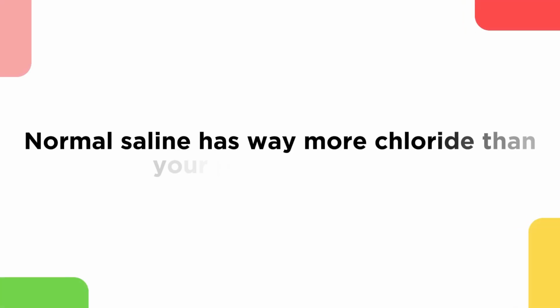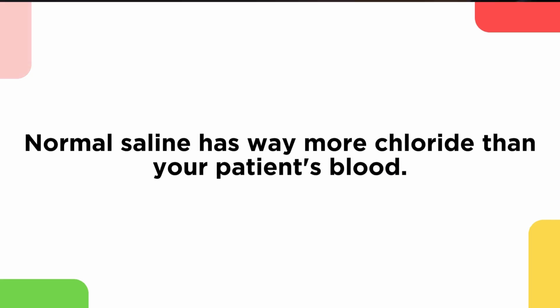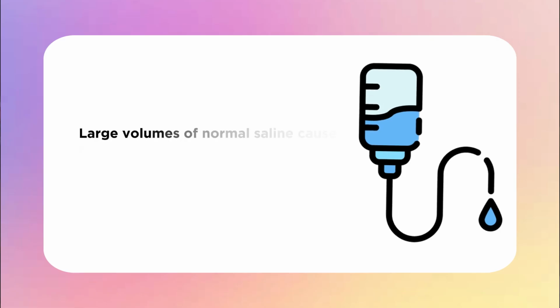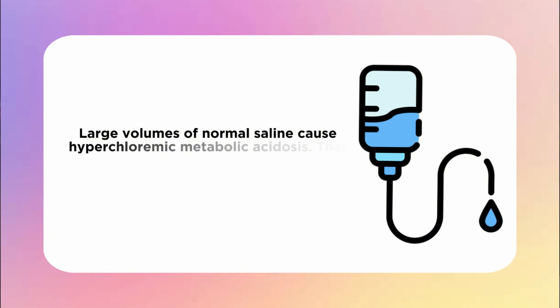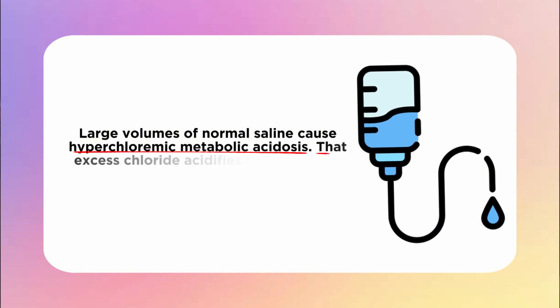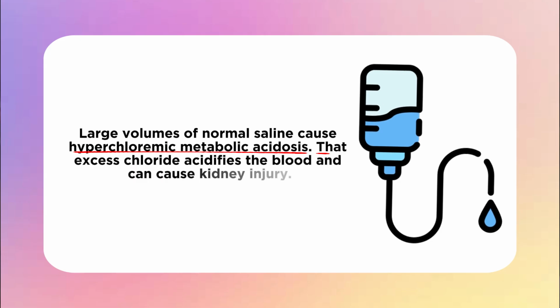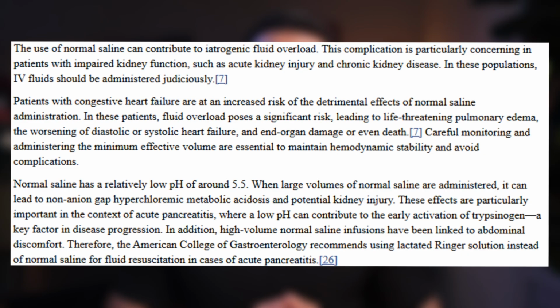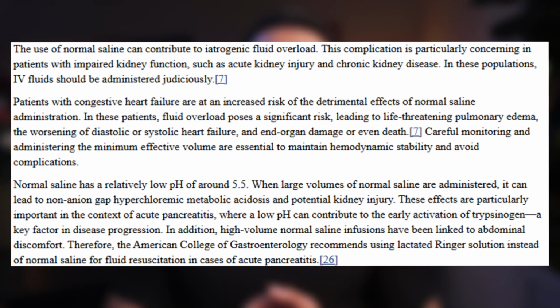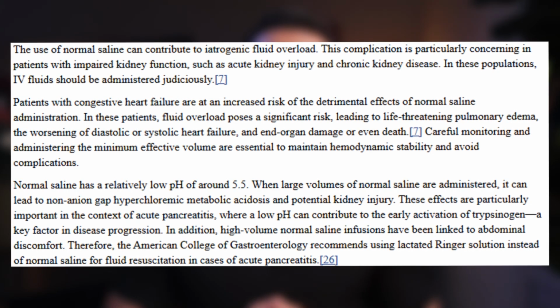See the problem? Normal saline has way more chloride than your patient's blood. This is why large volumes of normal saline cause hyperchloremic metabolic acidosis. That excess chloride acidifies the blood and can cause kidney injury. Studies show that normal saline reduces kidney function by 30 to 40% compared to balanced fluids.